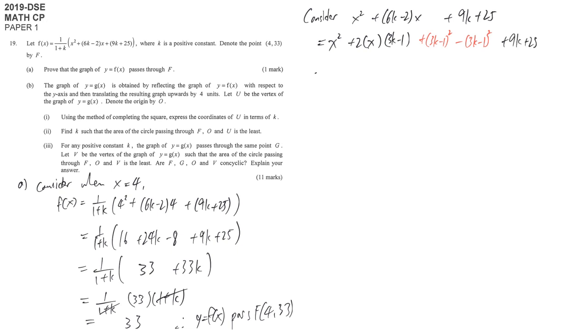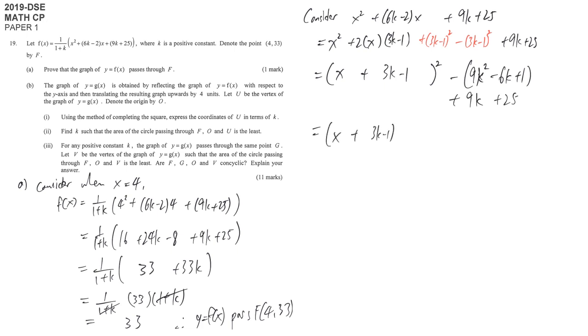We have to subtract it immediately to avoid any value change. And then the first 3 terms will become something squared, which is the first item plus the second item, 3k minus 1. And then the right hand side, we just handle this, prepare brackets, and then plus 9k plus 25. So this is (x plus 3k minus 1) squared, and then minus 9k squared, plus 9 plus 6, so plus 15k, plus 24.